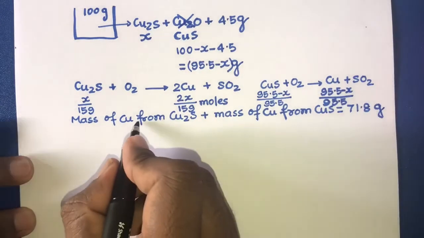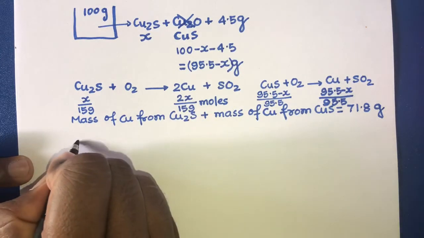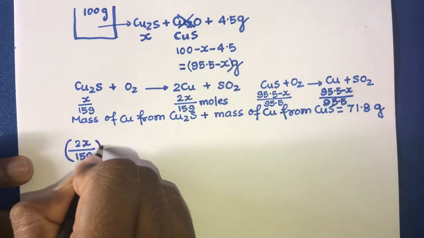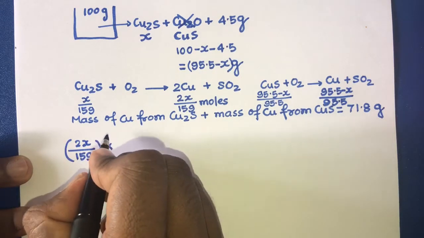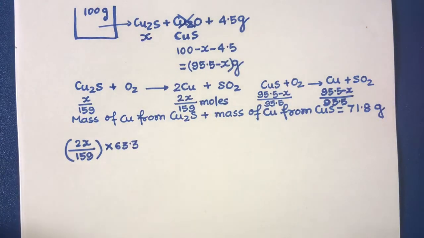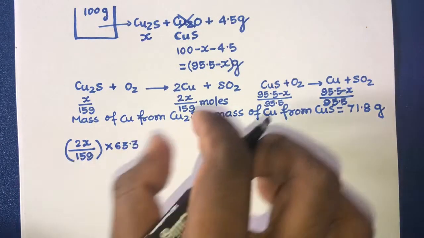Now the mass of copper from Cu2S is 2x by 159 moles, times the gram atomic mass of copper, 63.5, which gives the total mass of copper obtained here.